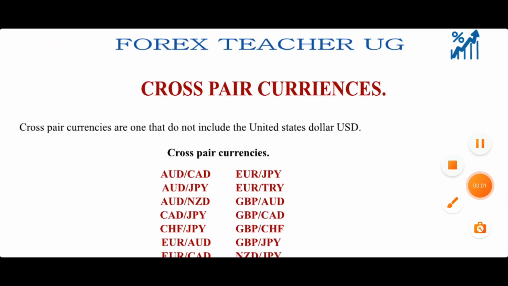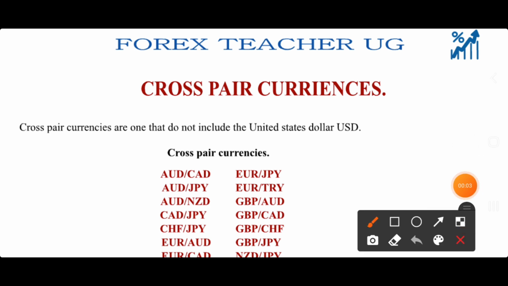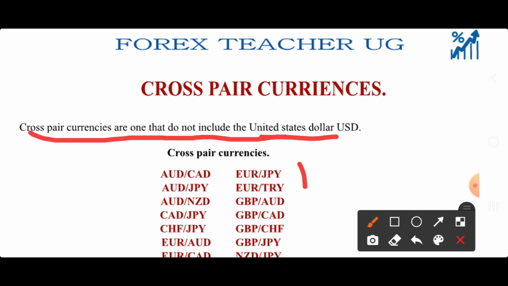The cross pairs, we are going to be looking at the currencies below here. Cross pairs are ones that do not include the United States dollar. So every currency pair that you see without a USD, just know this is a cross pair. So we are going to talk about the AUD pairs, like we see them here: AUD CAD, AUD JPY, AUD NZD.